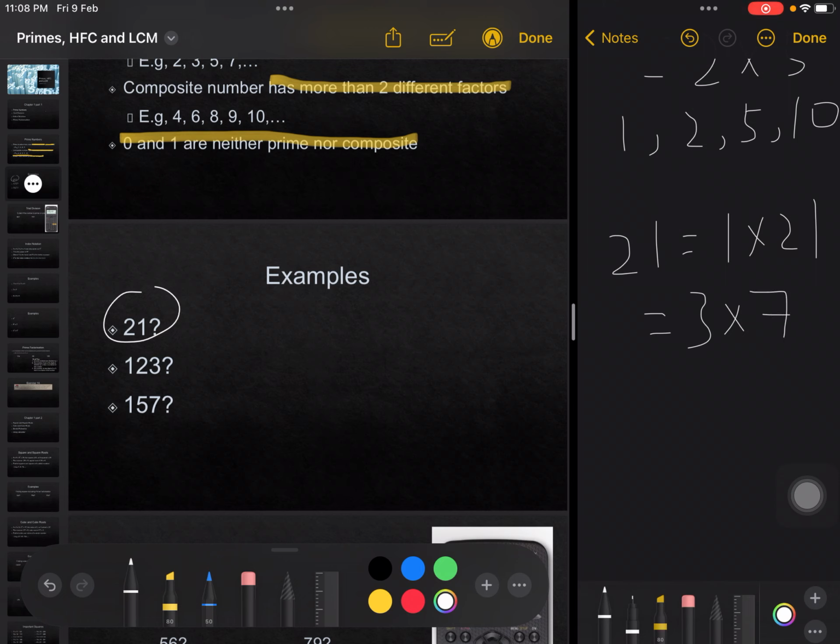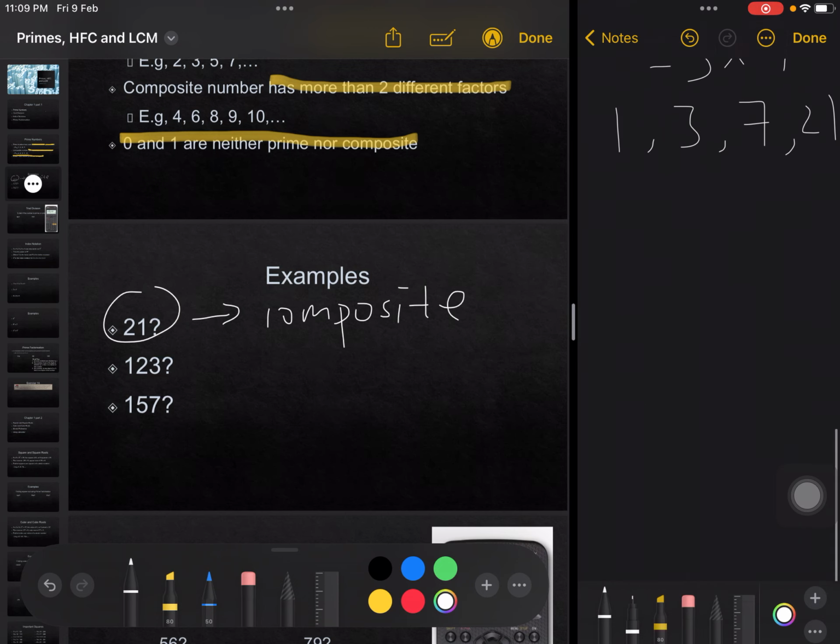So from here we can tell that 21 has the factors 1, 3, 7, and 21. Since it has more than 2 factors, 21 is a composite number.